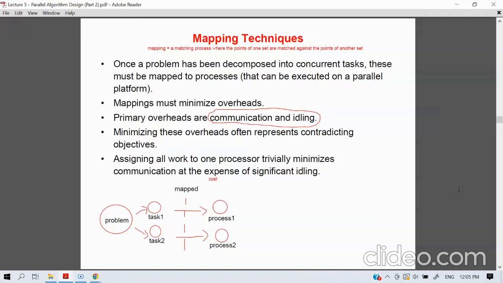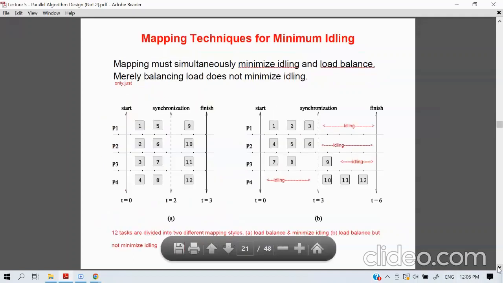Anyone? Communication and idling. Okay, good. Irfan, communication and idling. Yes, correct. Anyone? Any more? Correct. And then what else did we learn?